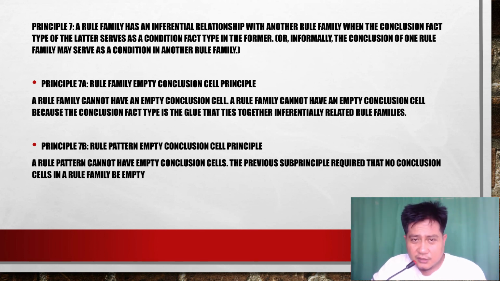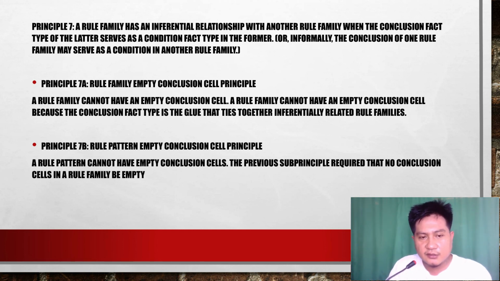In generalization, if we look back to the general description of principle number 7, it says a role family has an inferential relationship with another role family when the conclusion fact type of the latter serves as a condition fact type in the former. Informally, the conclusion of one role family may serve as a condition to another role family.